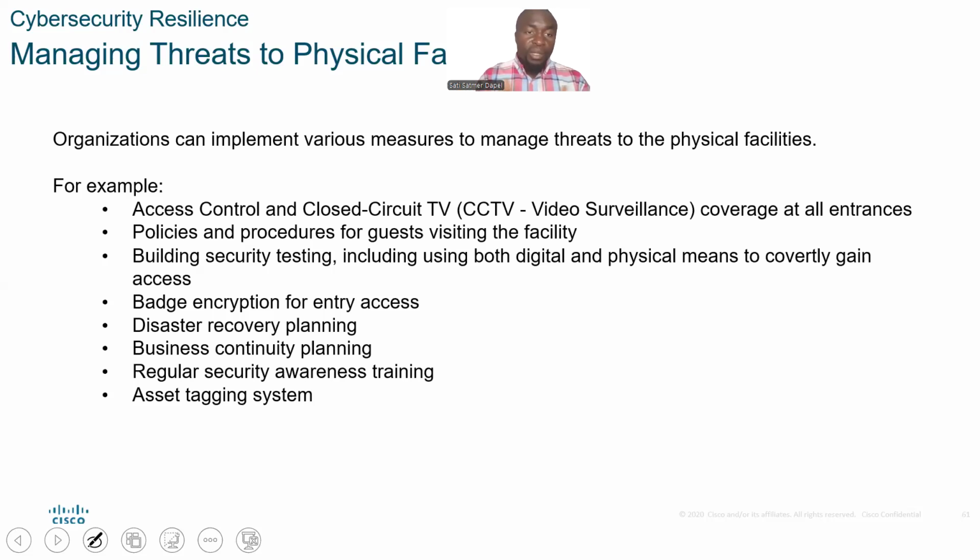For example, access control and closed circuit TVs, that is CCTVs, policies and procedures, building security testing, including using both digital and physical means to covertly gain access, and then badge encryption for entry access, disaster recovery planning, business continuity planning, regular security awareness training, and things like that.